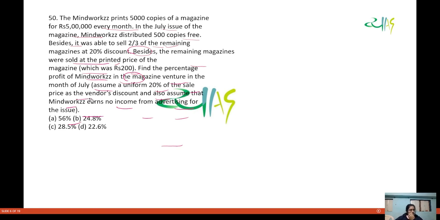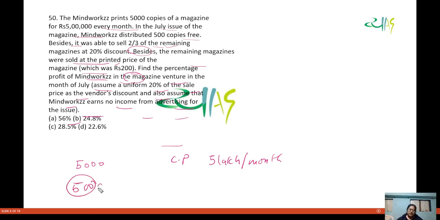Okay. So, what basically the question is saying, let us see this one by one. So, this Mindwork is printing 5,000 copies of the magazine, and the cost price is how much? 5 lakh per month. Okay, in the July issue, Mindwork distributed 500 copies for free.